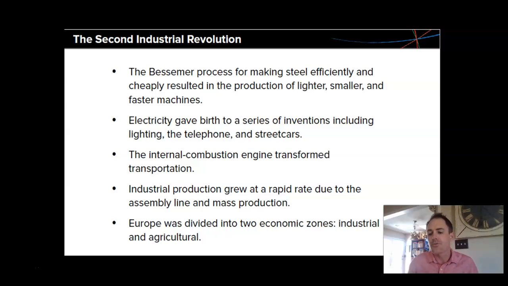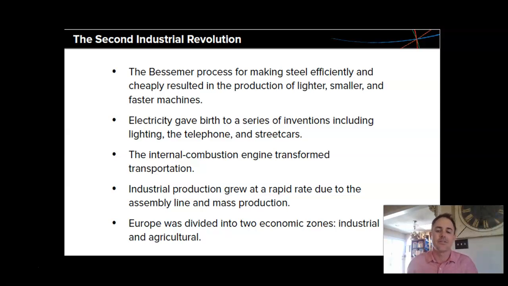Also, new or increased use of a metal called steel. Thanks to the Bessemer process, steel can now be made efficiently, most importantly, cheaply. So now you can make lighter, smaller, faster machines. You can also make taller, stronger buildings such as skyscrapers.